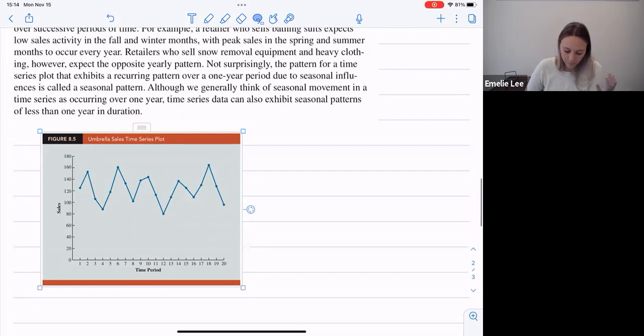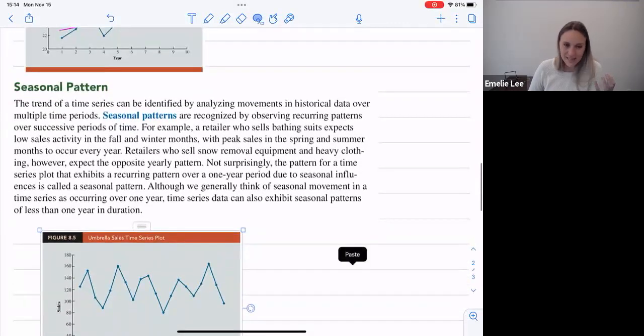What's nice is that it's relatively predictable. Going into selling winter jackets, you know that you're not going to be selling a lot of jackets in June, and so you can deal with that.